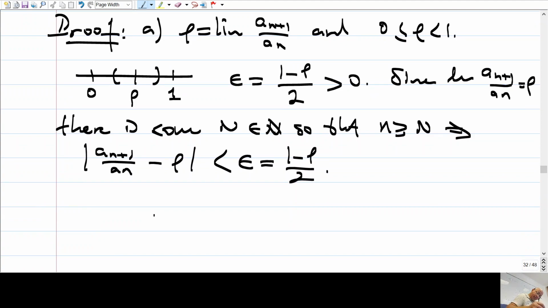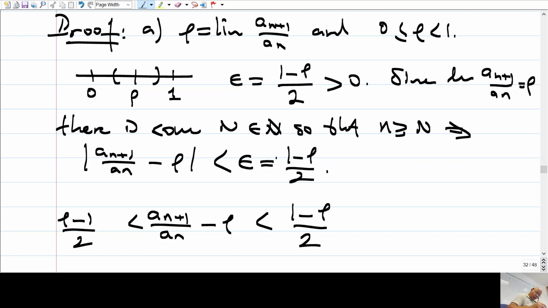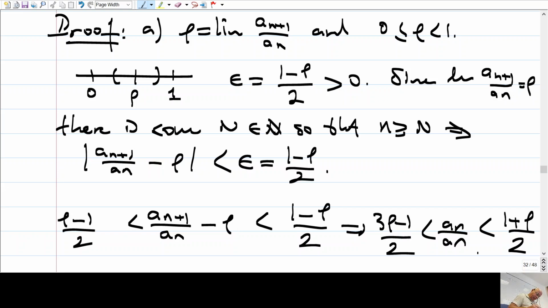So this implies what? a_{n+1} over a_n minus rho is less than (1 minus rho) over 2 and greater than minus (1 minus rho) over 2, so (rho minus 1) over 2. It's negative. Well, this implies a_{n+1} over a_n is less than (1 plus rho) over 2 and greater than (3 rho minus 1) over 2.